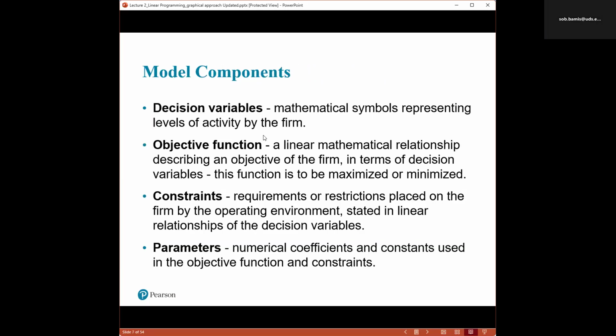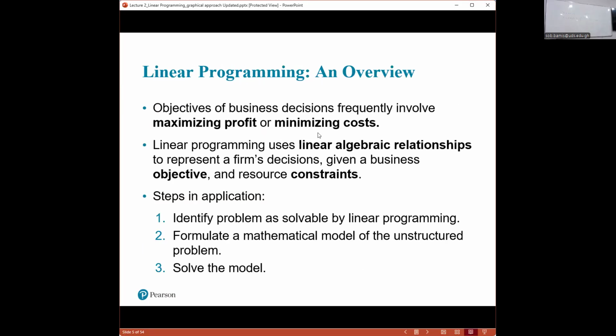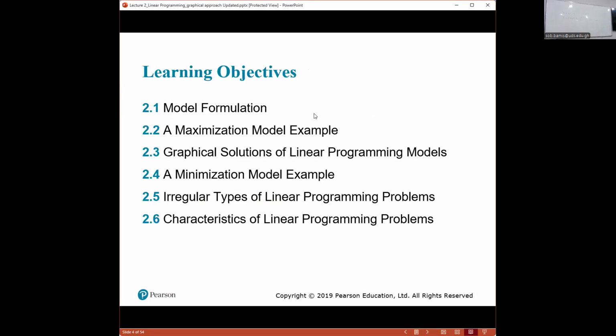The second step is what? Problem identification. The third is what? Model construction or formulation. The fourth is what? Model solution. And the last is what? Implementation. Okay. So, you are able to identify the first 2.